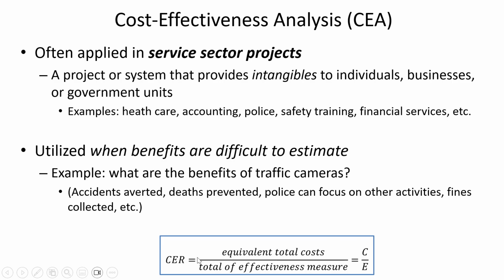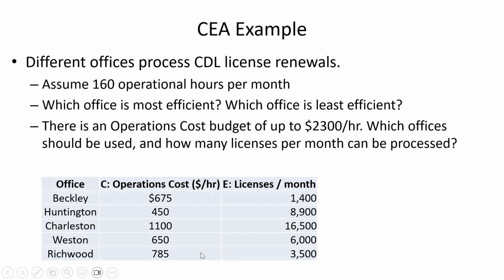And then the measure of their effectiveness could just simply be how many applications they're processing during a month. Or it could be maybe the number of fraudulent passport applications they identify in a month. So some sort of a numerical measure of how effective they are at providing the service that they generate.